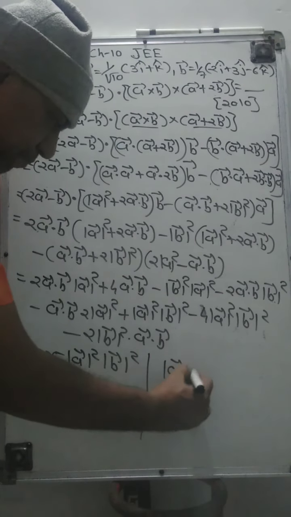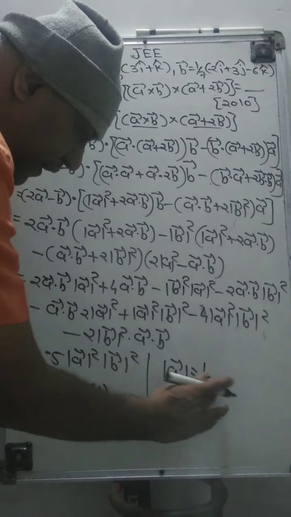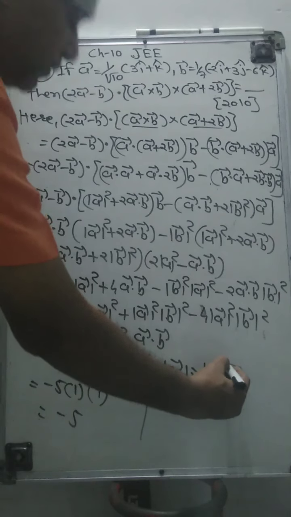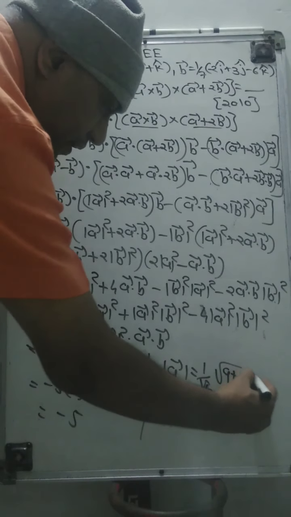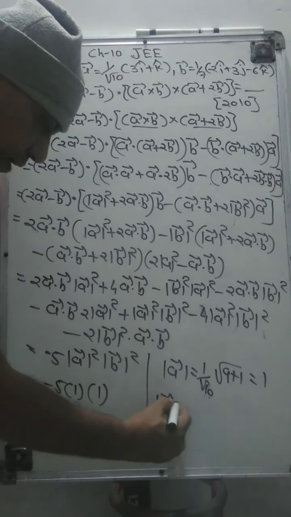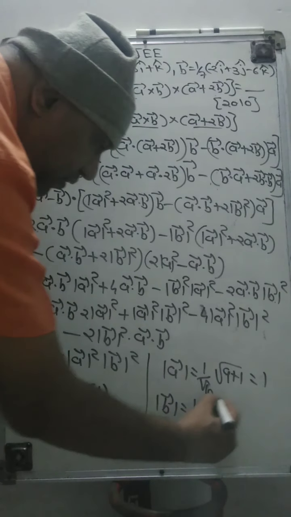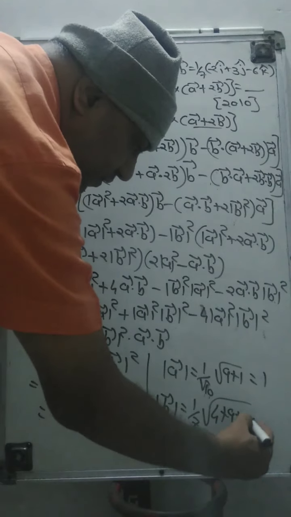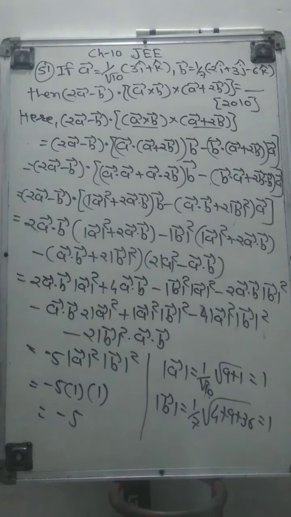Mod a is equal to 1 upon root 10 plus 9 plus 1, it is 1, and mod b is equal to 1 by root 4 plus 9 plus 36, which is also 1. So this way we can obtain our answer, which is minus 5.